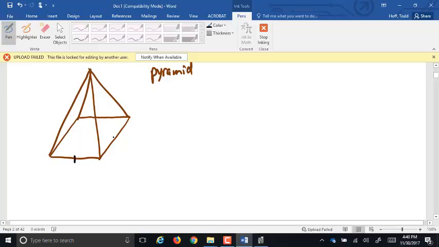Now the pyramids we're going to use are only going to have square bases, just to make it a little bit easier on ourselves. This pyramid here, let's give it a base of 24 inches and a height of 35 inches.